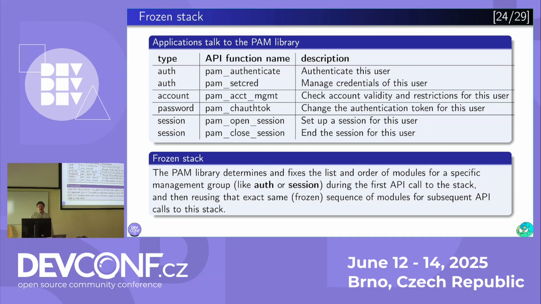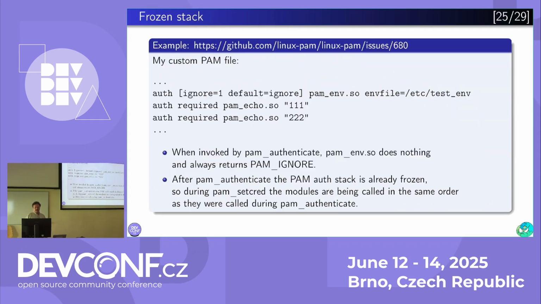So for PAM authentication, there are two entry functions. And there is a not very well-known feature of the PAM library: when you are calling the first function, it defines and fixes the sequence of modules that are going to be called also when you are calling the second function. So in this example, when invoked by pam_authenticate, the pam_env module does nothing because that's how it works, and it returns PAM_IGNORE.